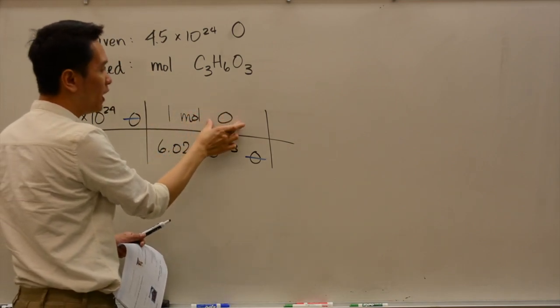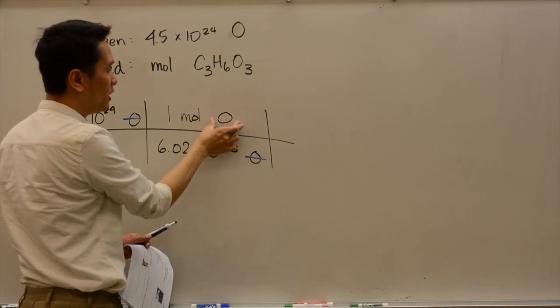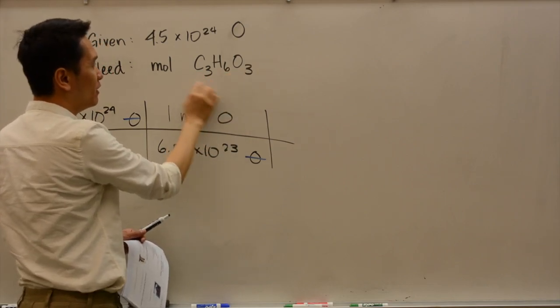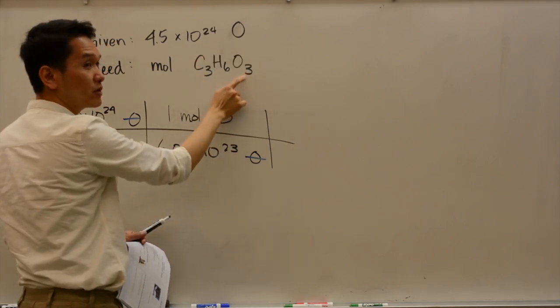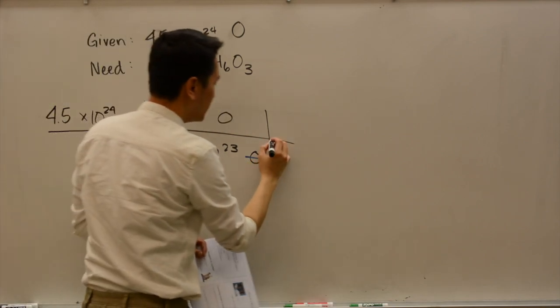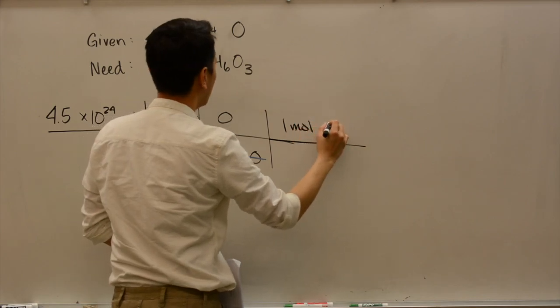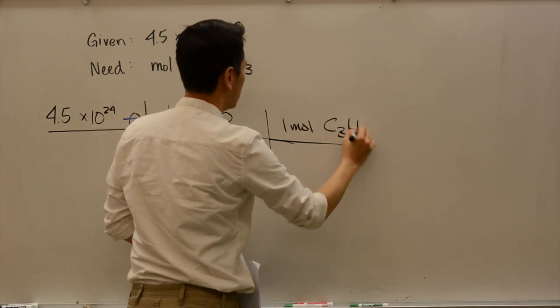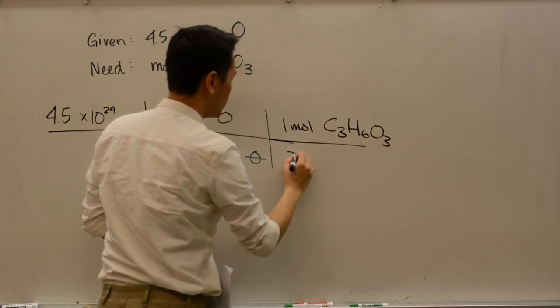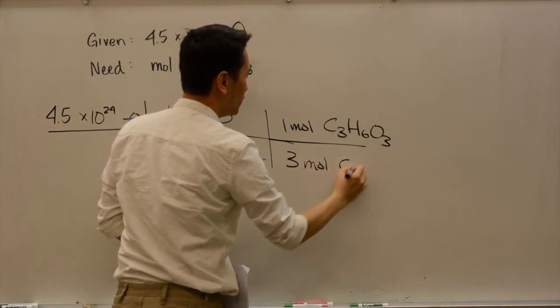So if you know moles of oxygen, what's the relationship between oxygen and lactic acid? Right? For every 1 lactic acid, there are 3 oxygens. So same thing with moles. For every 1 mole of lactic acid, there are 3 moles of oxygen.